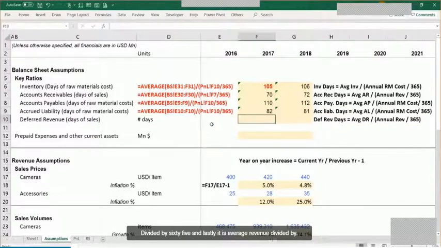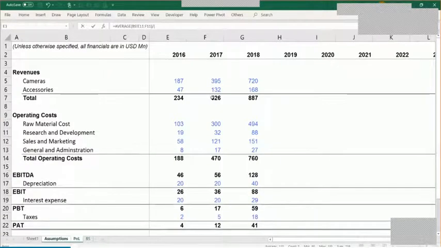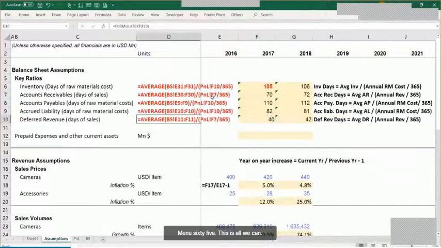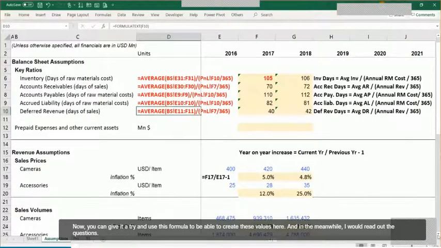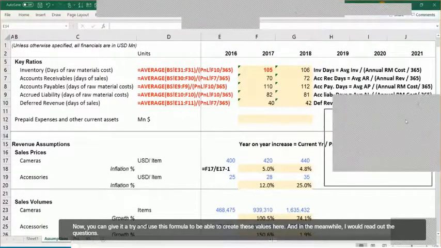And lastly, it is average deferred revenue divided by revenue divided by 365. This is how we can work out all of these numbers. Now you can give it a try, use this formula to create these values here, and in the meanwhile I will read out the questions which we have got.